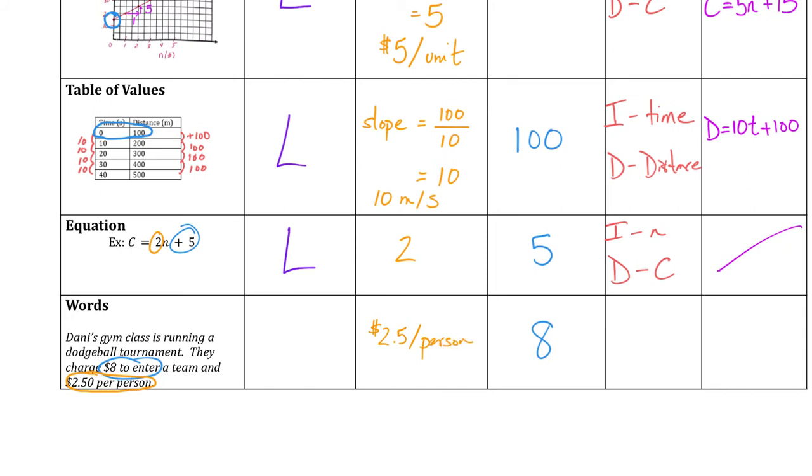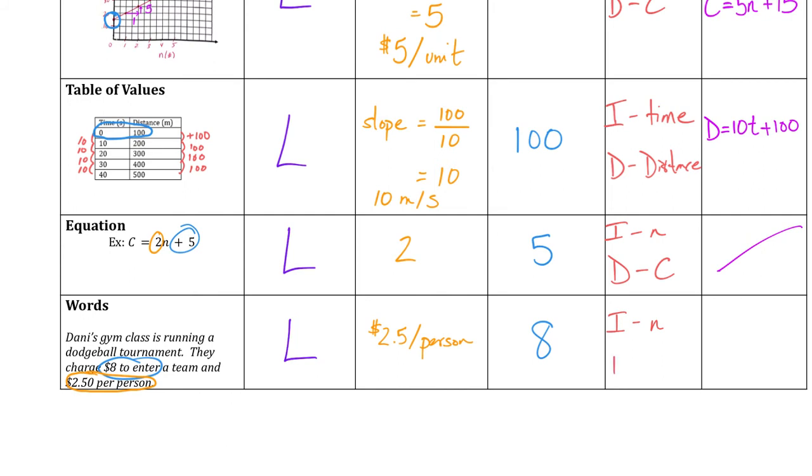Since I am changing the same amount for every additional person I sign up, it is linear. It's not like I'm charging $2.50 for the first 5 and then $1.50 for those afterwards. It is the same amount every time. That would make possibly my independent variable being like an N maybe for the number of people.